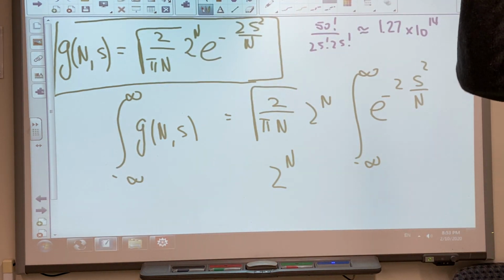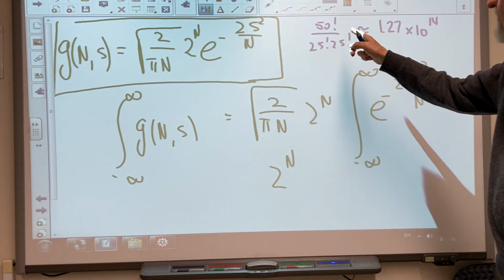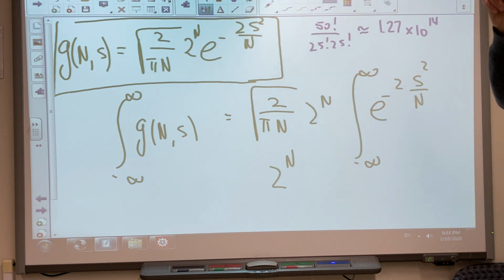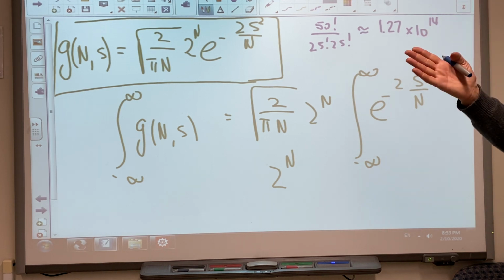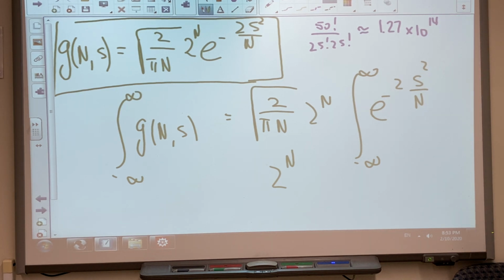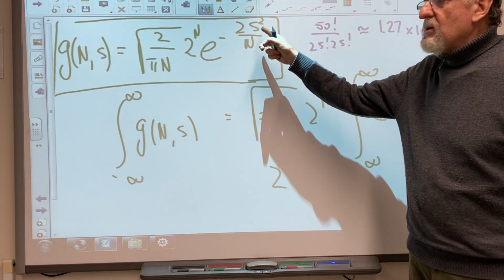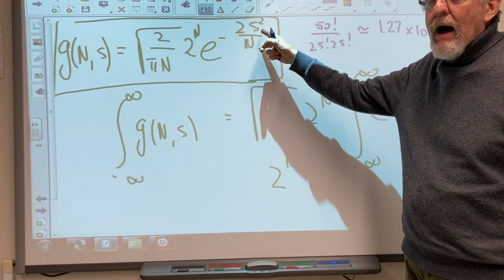So there is a very big maximum. For 50 particles, if you have 50 spins, there are already 10 to the 14 states which have 25 spins up and 25 spins down. But if you go away from that, you have 26 spins up and 24 down. That corresponds to s equals to 1.